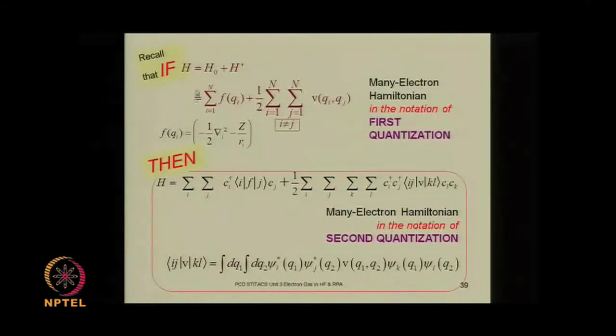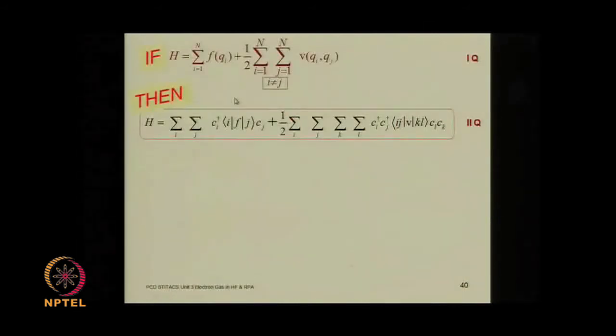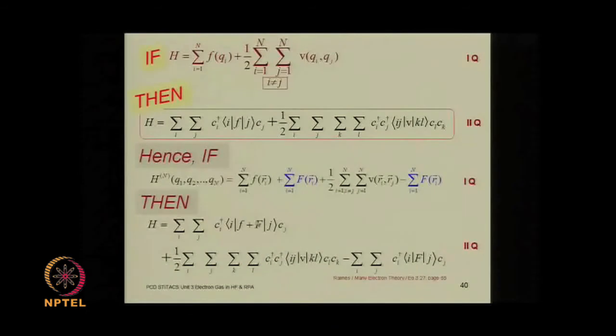Now, our Hamiltonian is not H0 plus H prime, because what we have done is to add and subtract this capital F. To this Hamiltonian we have now added this capital F, this is the term in blue, and we have subtracted the corresponding term in this. So, now we can very easily, without going through a very detailed analysis, quickly write the corresponding Hamiltonian in the second quantization notation.